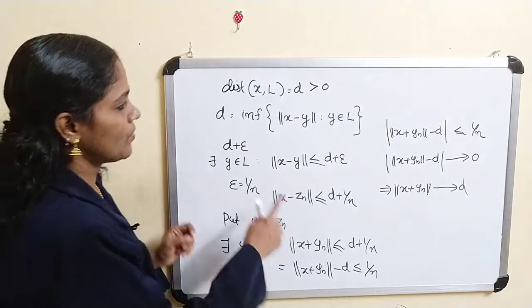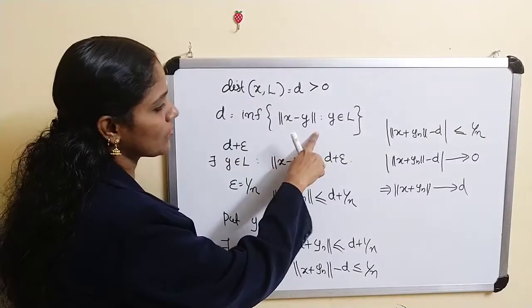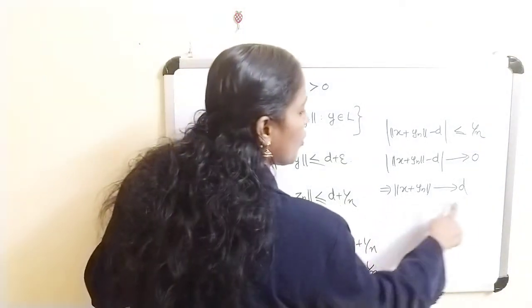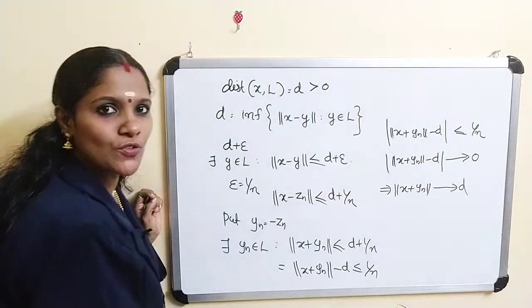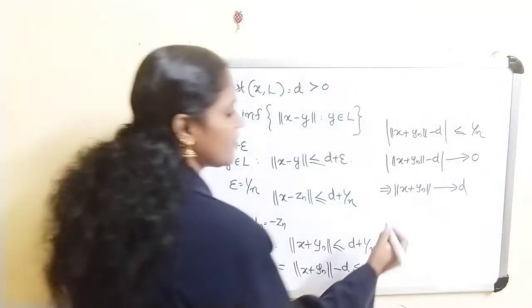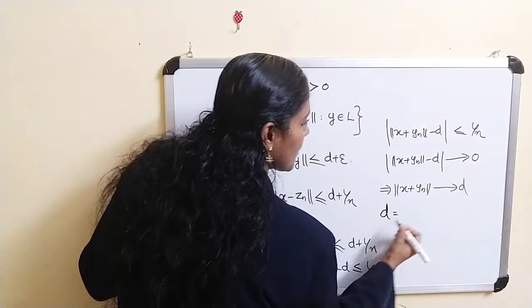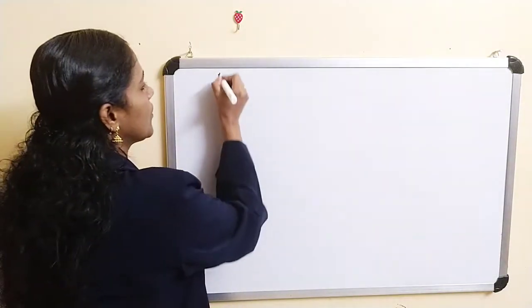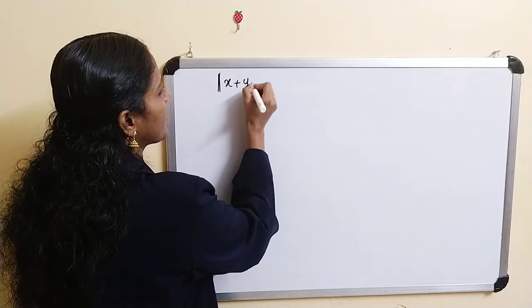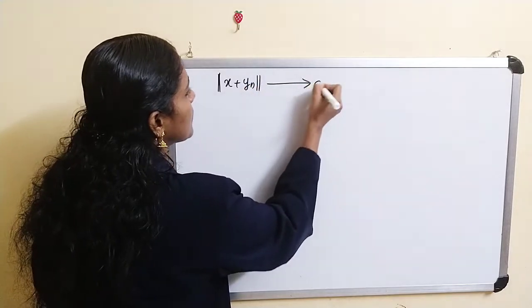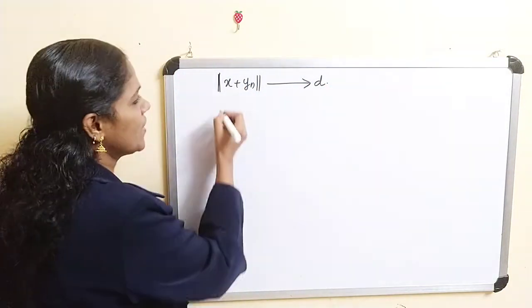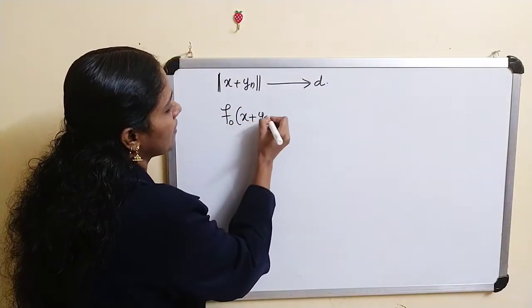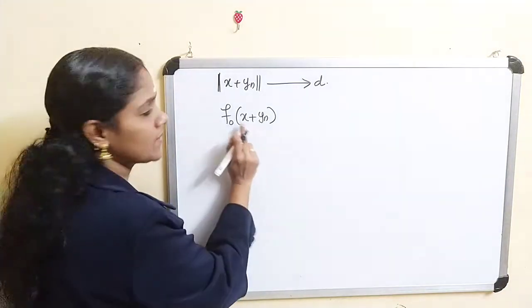Therefore, as d is the infimum, you can find a sequence yn such that norm of x plus yn converges to d. Now what is f naught of x plus yn? What is the value? This is 1.